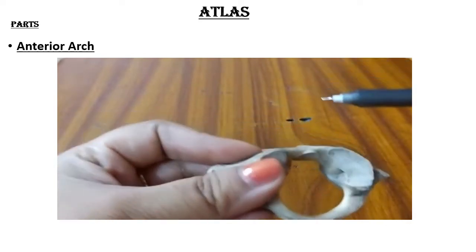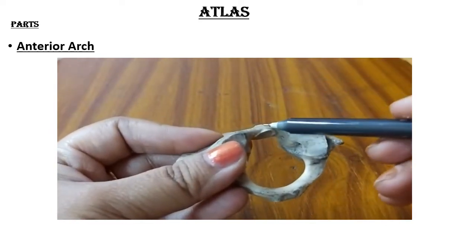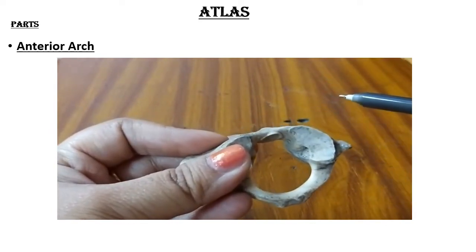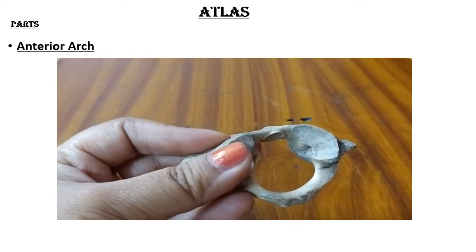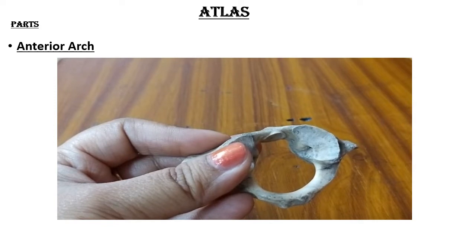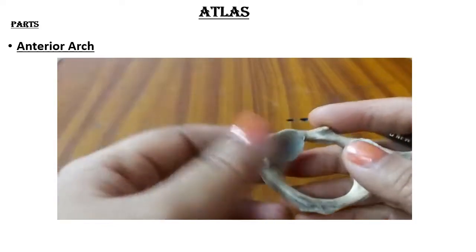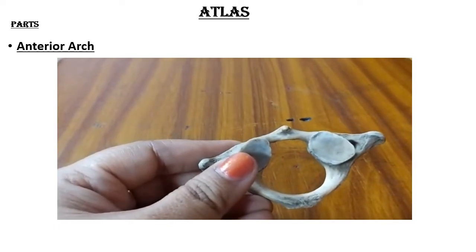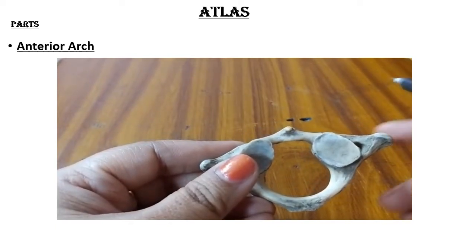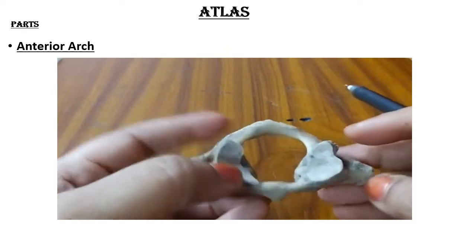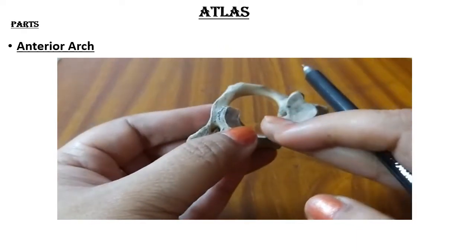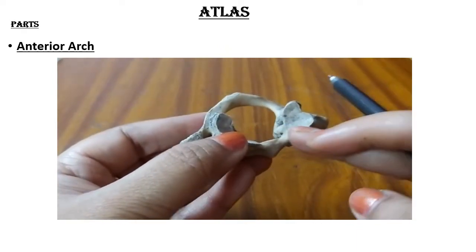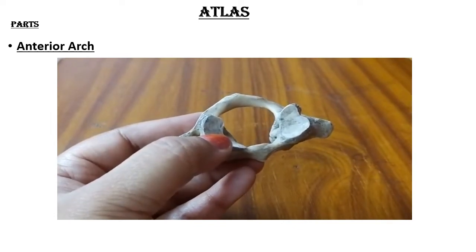Now we can see the upper margin, and it gives attachment to the anterior margin of the foramen magnum by the anterior atlanto-occipital membrane, and the lower margin gives attachment to the lateral parts of the anterior longitudinal ligament. The anterior arch is morphologically the ossified hypochordal bow.